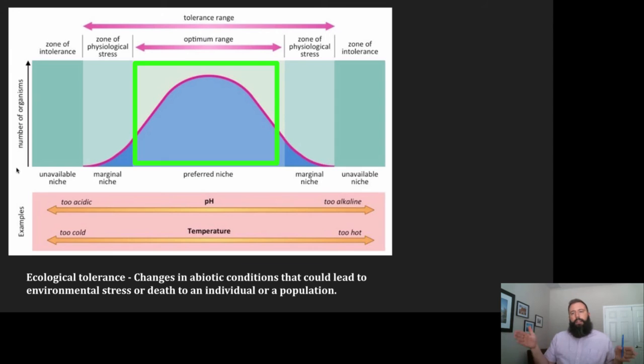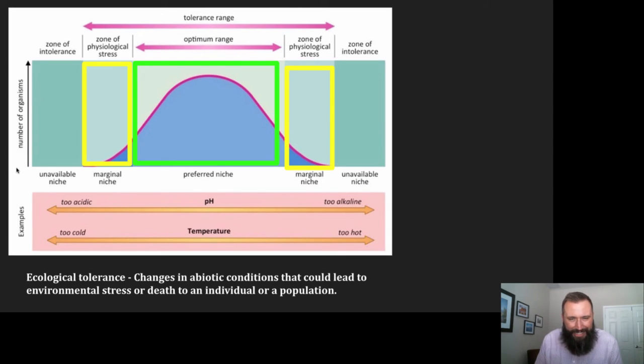If we move outside of that optimum range, right? Think about this, that optimum range is determined by the genes of those species. So it's going to be different for every organism, every species, for temperature or pH in this case. So if we move outside of that optimum range, we move into this band here, this zone of physiological stress. In this area the species aren't dying necessarily. It's stress, right?